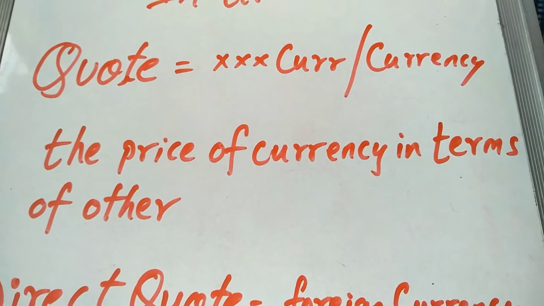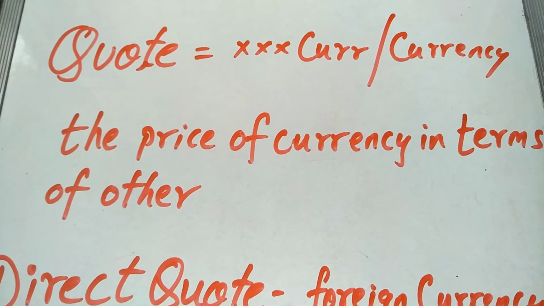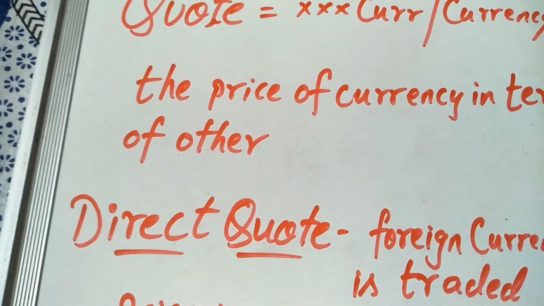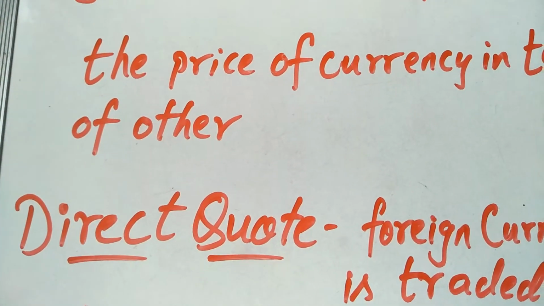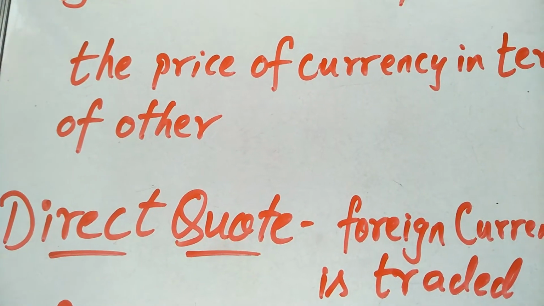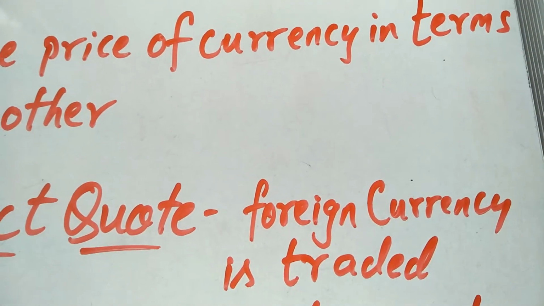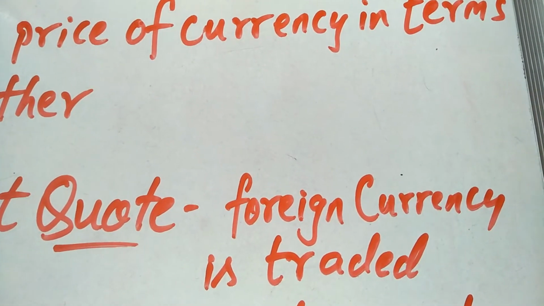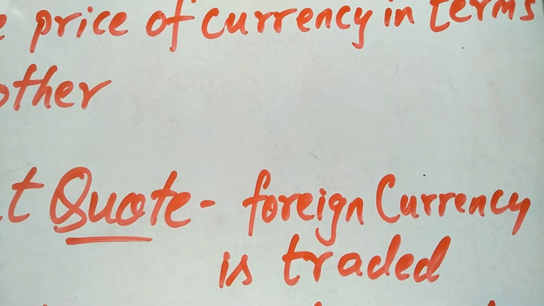Now, to understand what is traded and what is not, it is important to understand the terms direct quote and indirect quote. What is a direct quote? A direct quote is when the foreign currency is traded.